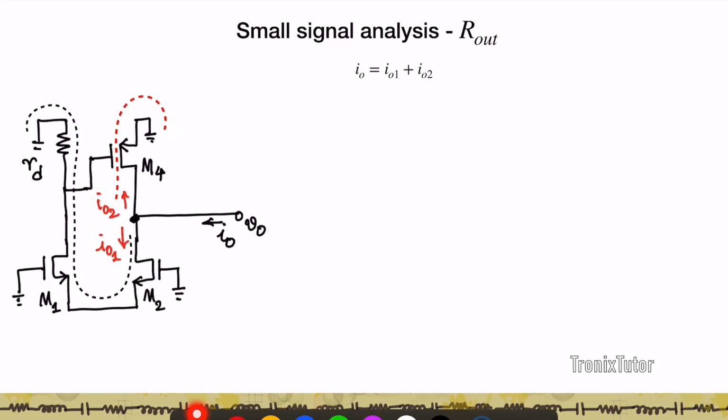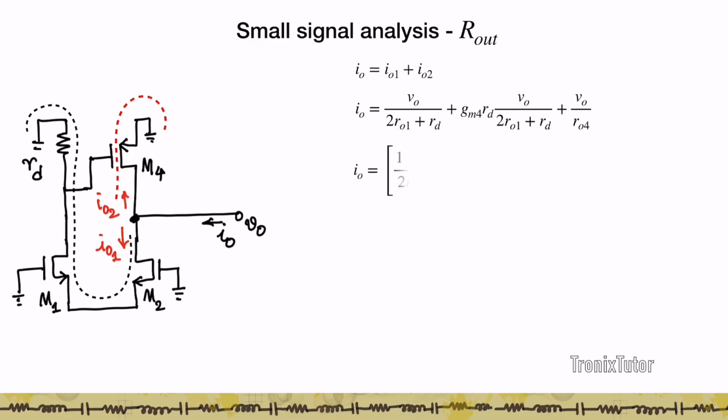And so let's now find the value of IO. So IO is IO1 plus IO2. And so that's basically VO by 2 RO1 plus RD. So remember the voltage from this point, this is VO. So the voltage across the IO2 path is VO. The voltage across the IO1 path is also VO. So VO divided by 2 RO1 plus RD, plus GM4 into RD into VO by 2 RO1 plus RD, now this is the gate voltage of M4, plus VO by RO4.